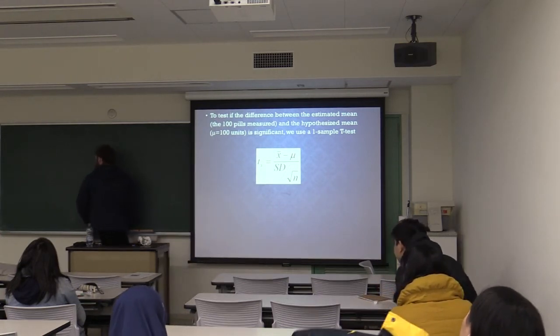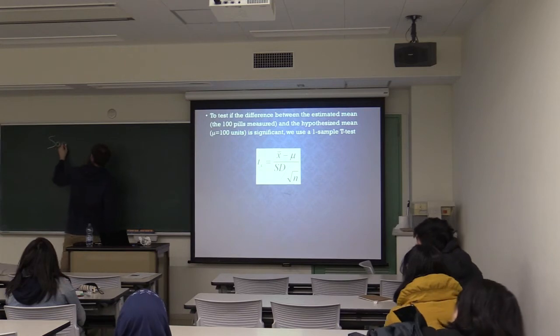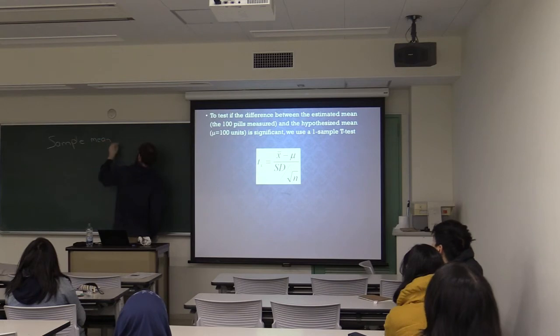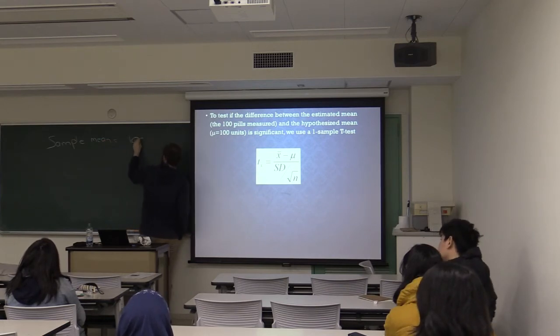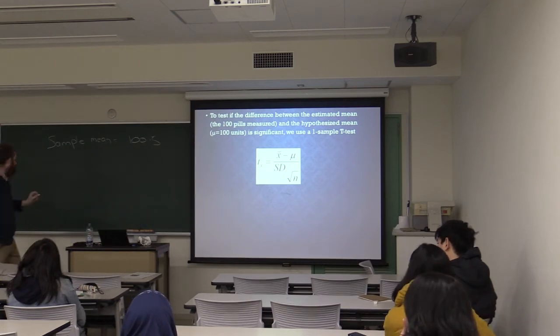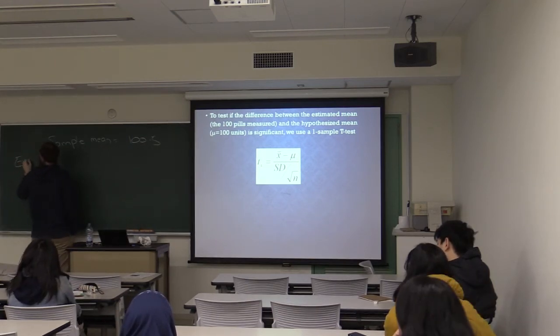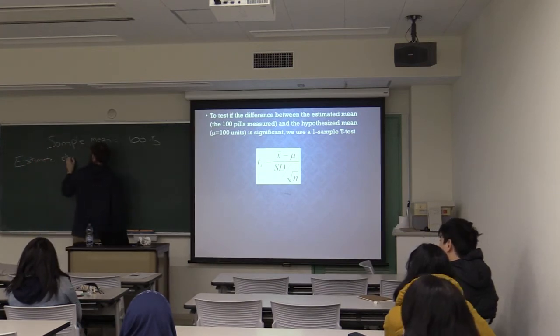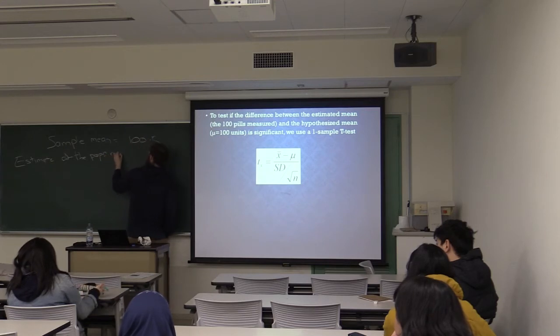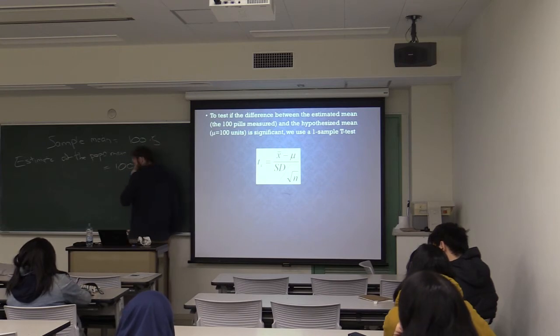So we've got two means here. We've got our sample mean, 100.5, and then we've got our estimate of the population mean, which is 100.5.